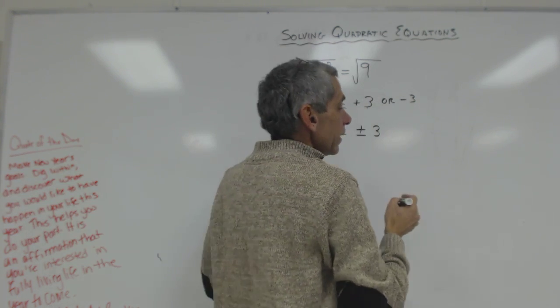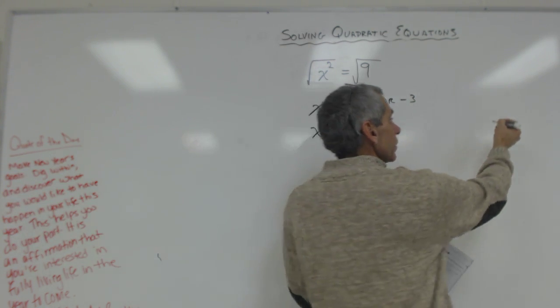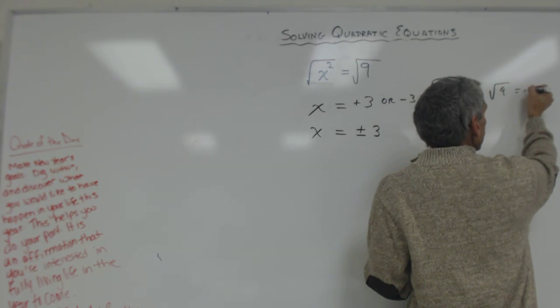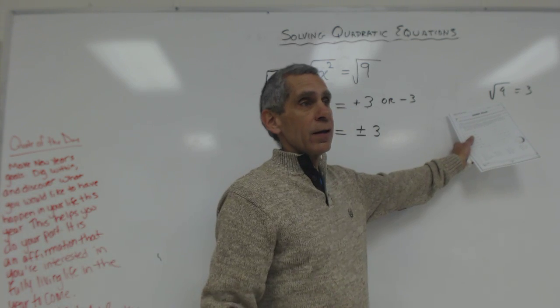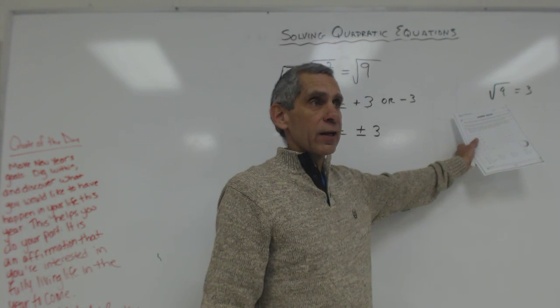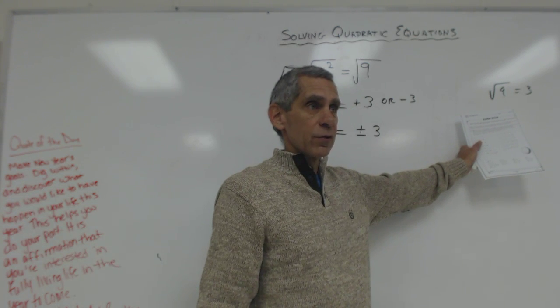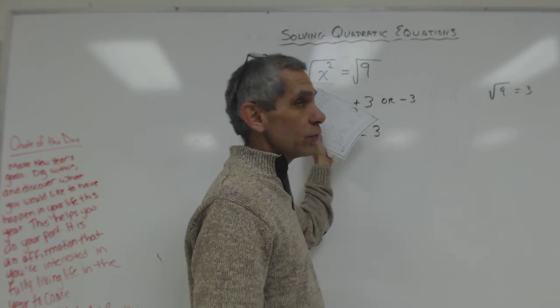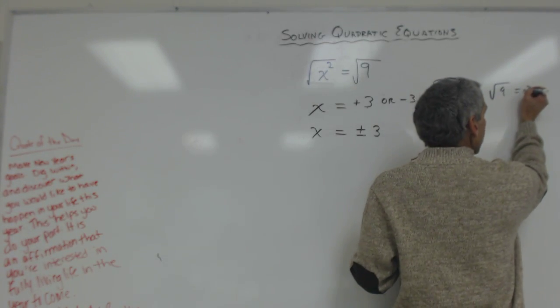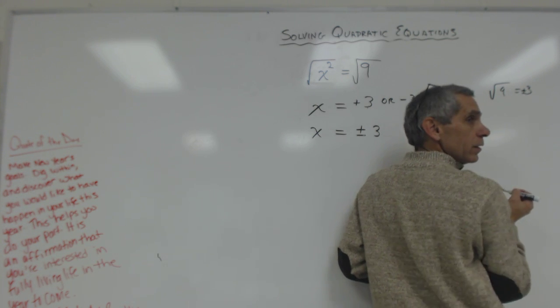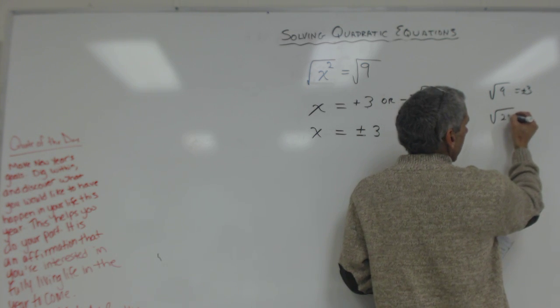In the past, you learned that the square root of 9 was 3, and that is true when you're not dealing with quadratics. But when you're dealing with a quadratic equation and you take the square root of 9, it now becomes plus or minus 3.